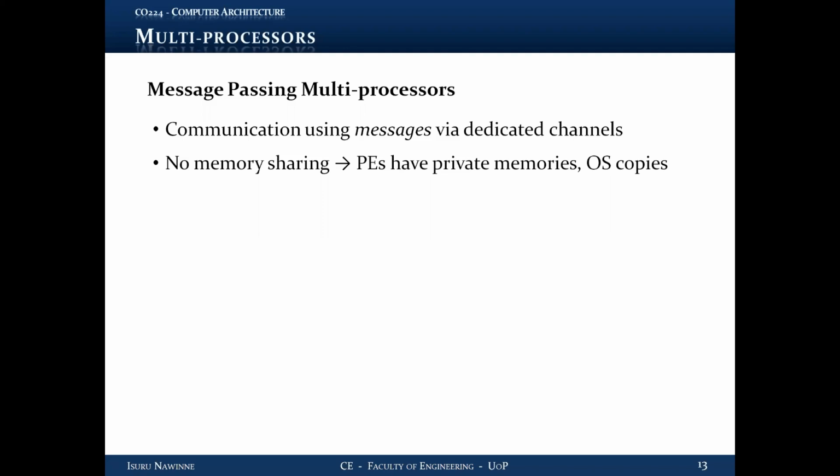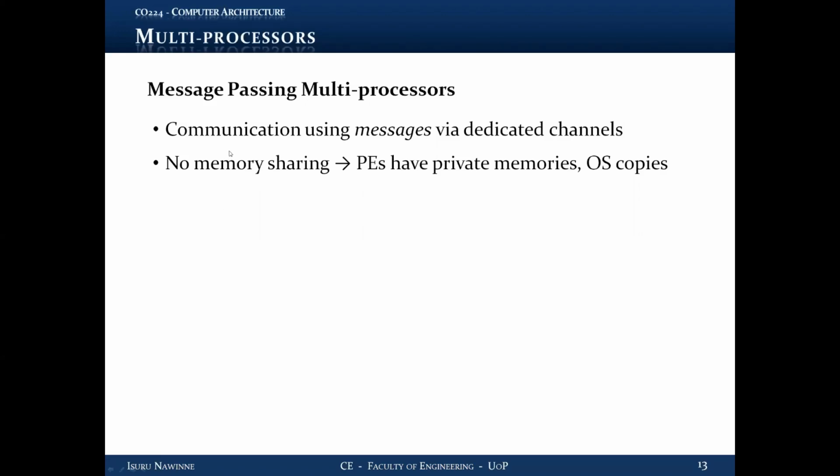Under uniform memory access, we talked about symmetric multiprocessors and bus snooping, and then we talked about non-uniform memory access, then directory-based cache coherency control for non-uniform memory access type systems. All of those fall under shared memory multiprocessors. The communication between processing elements happens using a shared memory address space.